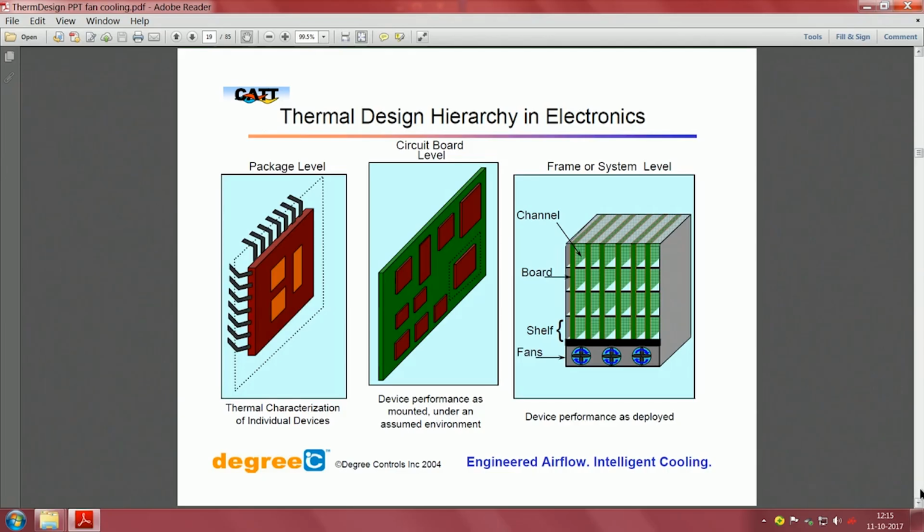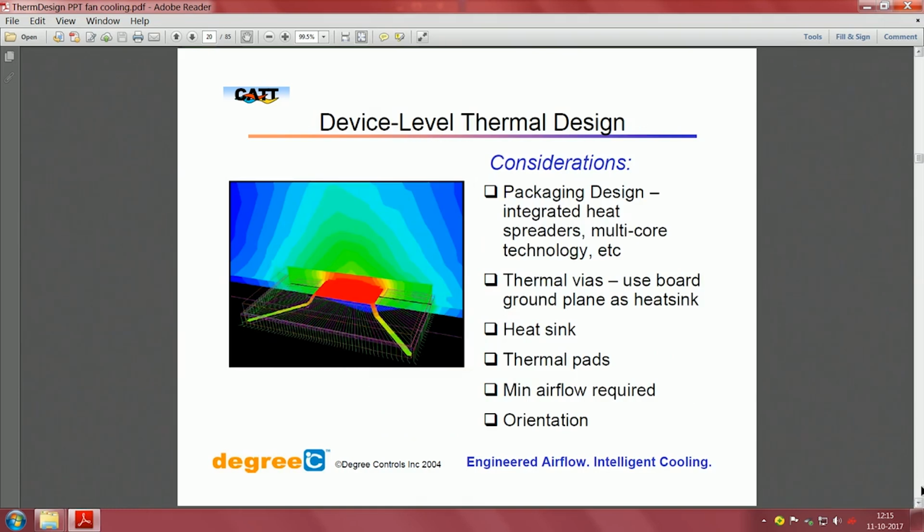Coming back, we have a package level analysis, then the circuit board level, then the frame or system level design. And here we have all these beautiful colored pictures.